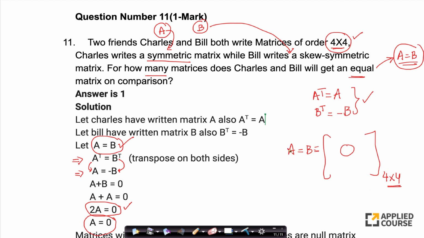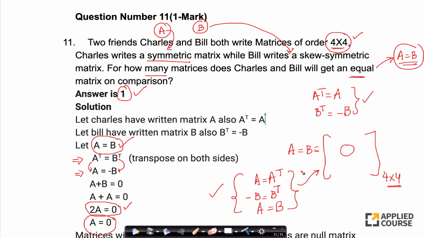Only when Charles has picked up the 0 matrix and Bill has picked up the 0 matrix, you would have a situation where A is equal to A transpose, minus B equals B transpose, and A equals B. There is only one. So these are the three equations that are given to us to state that A is symmetric, B is skew-symmetric, and A equals B. The only matrix that satisfies these conditions is A equals B equals a 0 matrix. So there is only one. The answer is there is only one matrix, the 0 matrix, which satisfies these conditions.